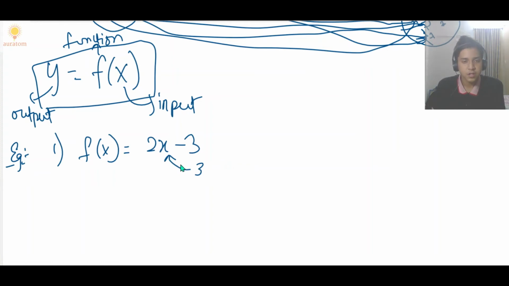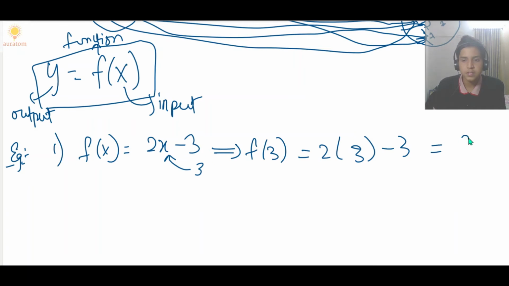We'll get f of 3, since we are replacing x by 3, and f of 3 is going to be equal to 2 into 3 minus 3, right? Because x is 3. So that's how a function works, and it basically is a representation in the form of x. A function need not always be that way.